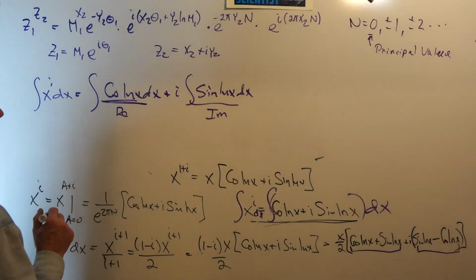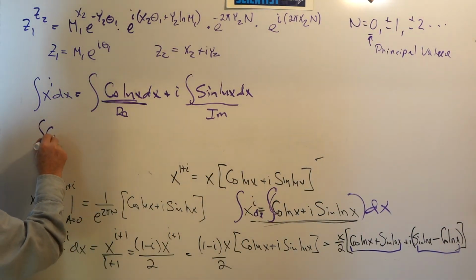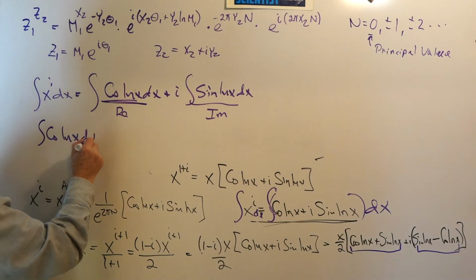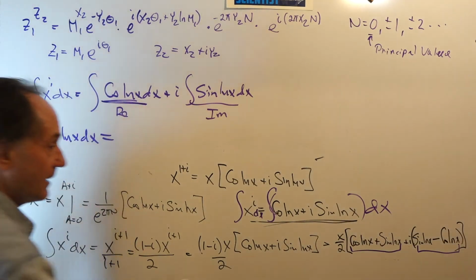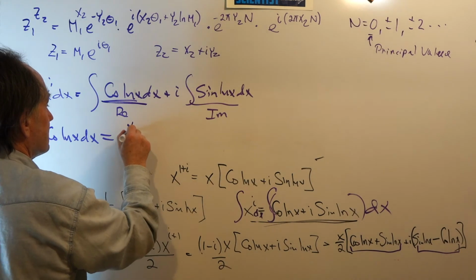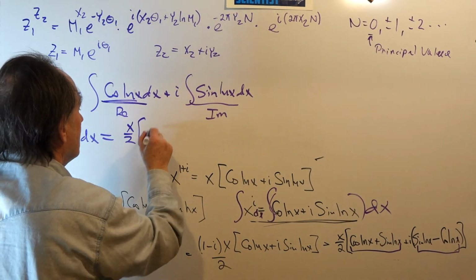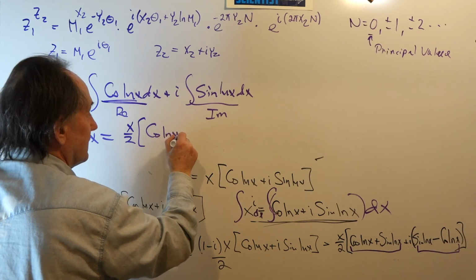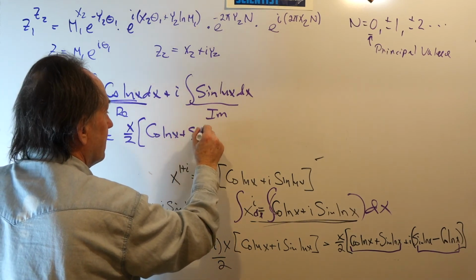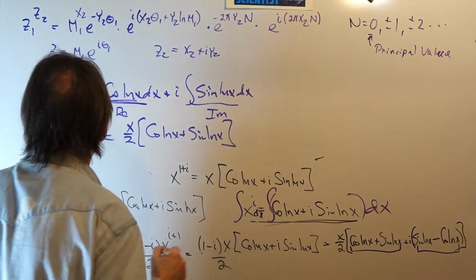So we can write that the integral of the cosine of the natural log of x with respect to x, that's the real part, is equal to this, which is x over 2 times the cosine of the natural log of x plus the sine of the natural log of x.